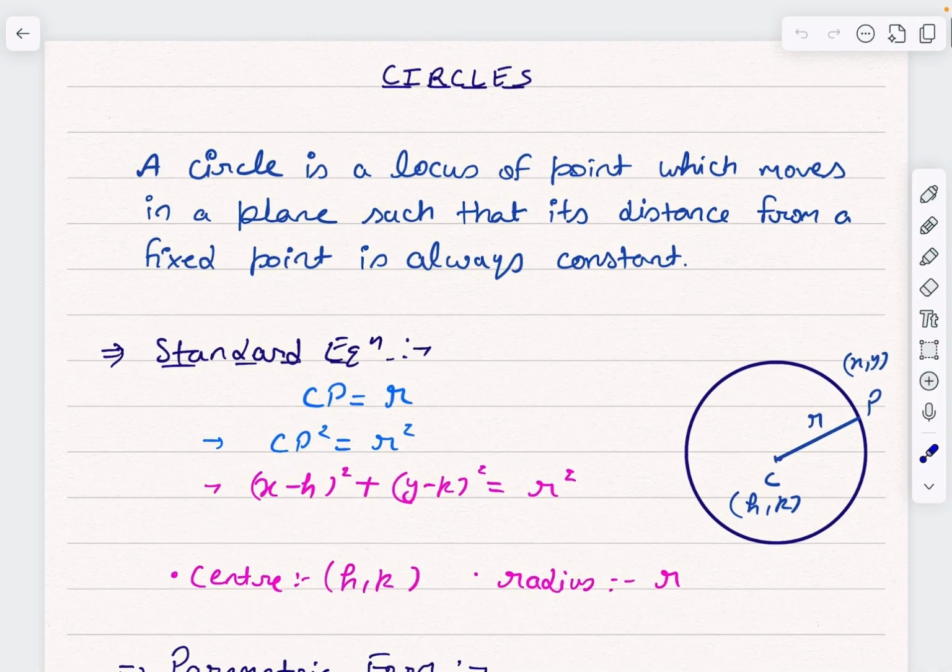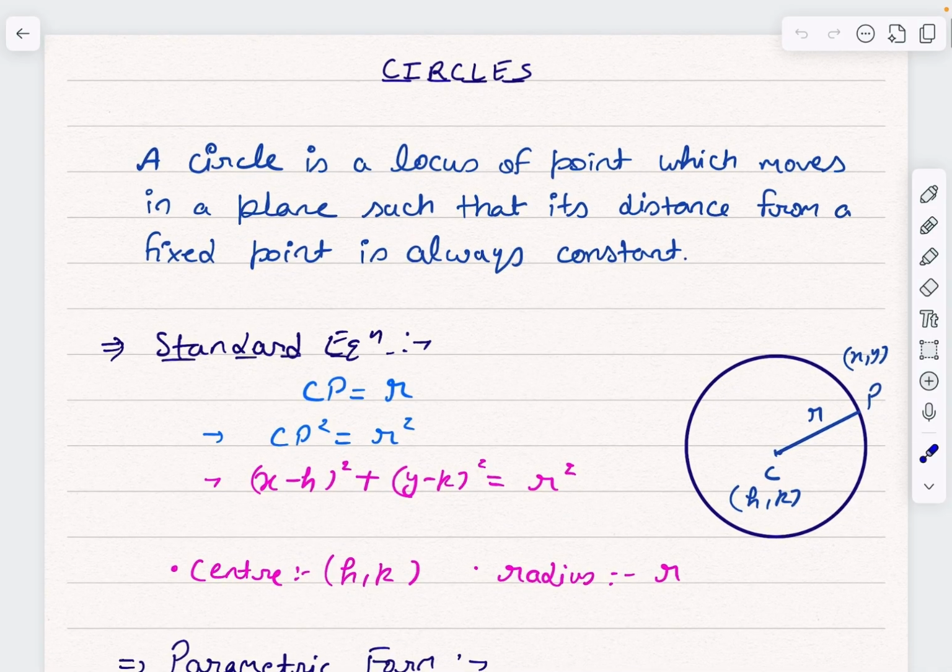Now, the standard equation of a circle. The standard equation of a circle we just derive from the definition itself. Let us say C is the point, the center. We call it the center of the circle. So the center is a point h comma k, and the fixed distance we call the radius, say that is small r here, and P is some point which is a variable point, say x comma y.